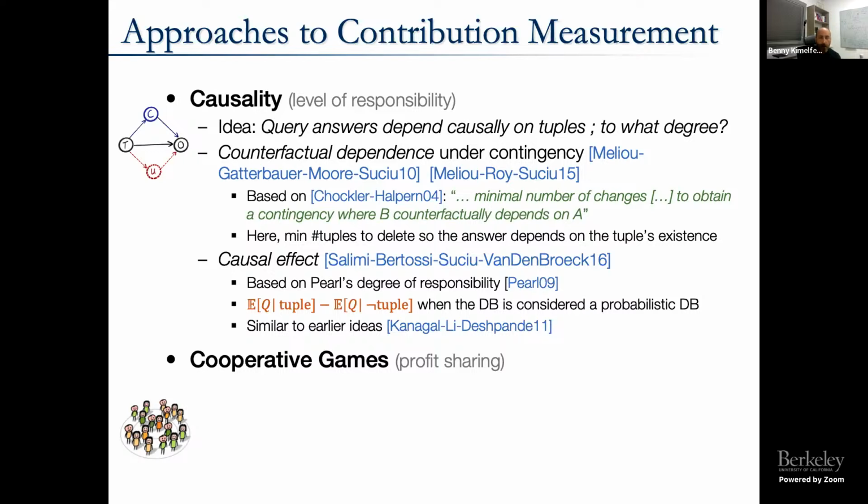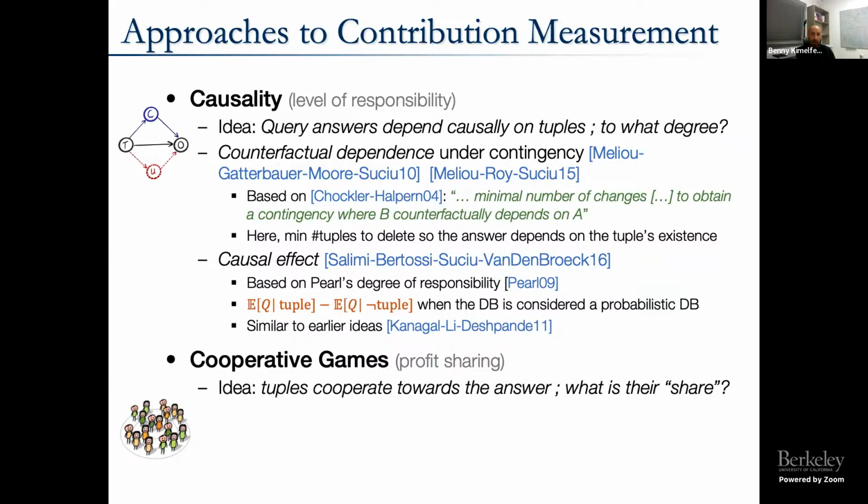In the view of game theory of cooperative games, we view the tuples as playing a game. They play a cooperative game where different coalitions, subsets, can gain their own utility. And then the question is, if all of these tuples play the game, or they collaborate in order to get the utility of, say, producing the correct answers, then how do we share the profit?